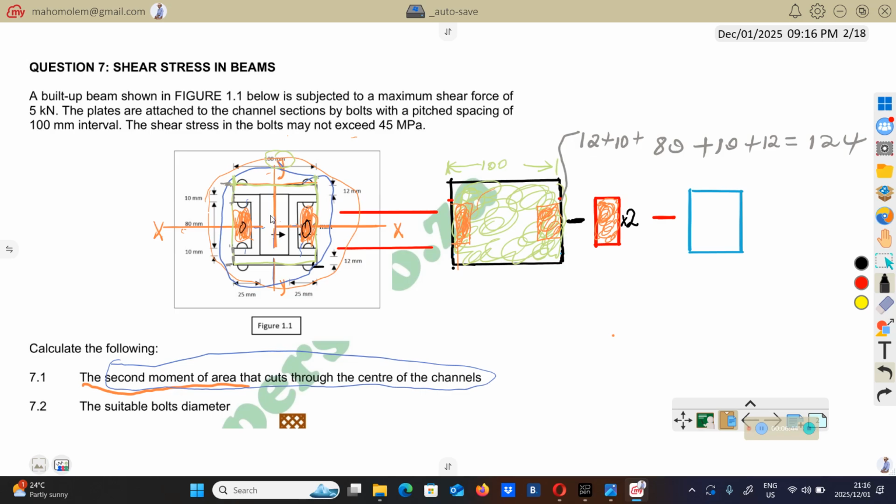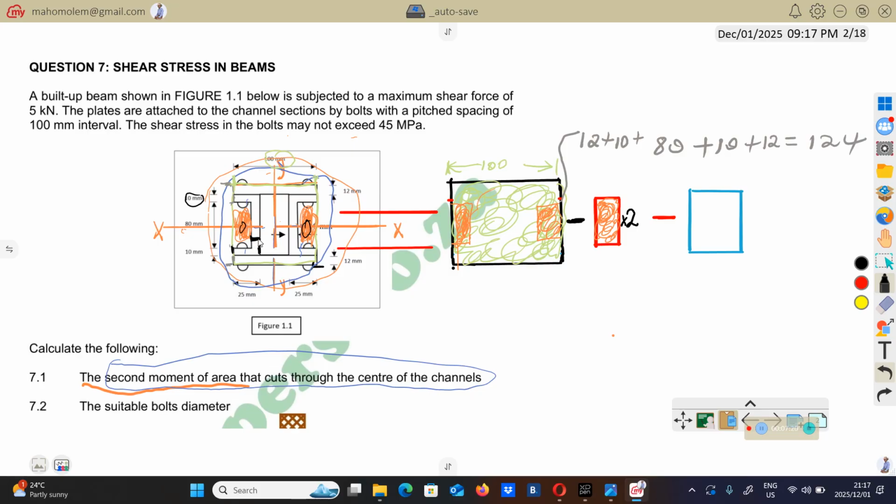So now let's find the dimension of this. You can see from here up to there is 25. And then this distance here is the thickness of this channel, which is 10. So it's this one. This channel, we can say the thickness is constant.